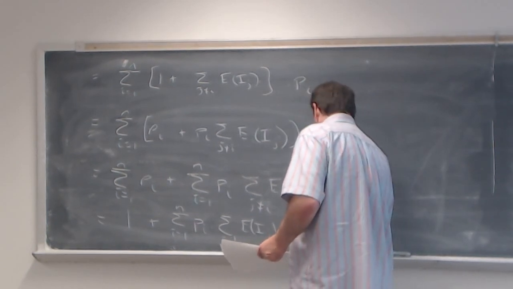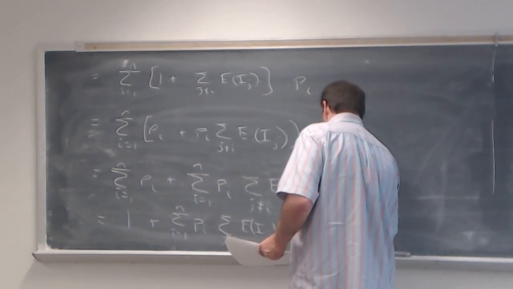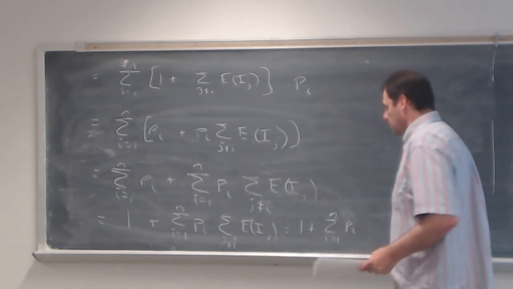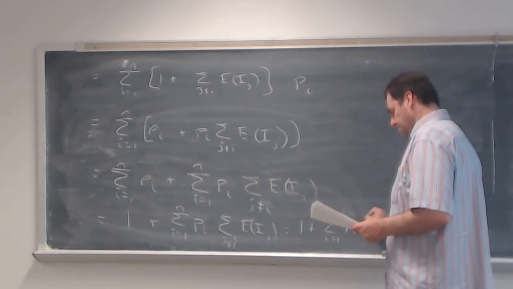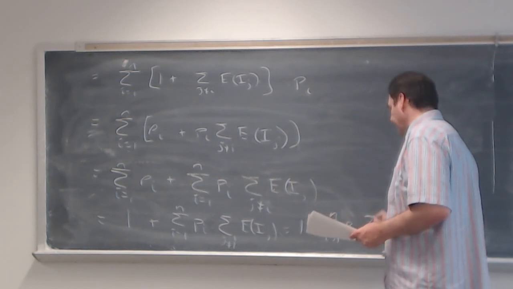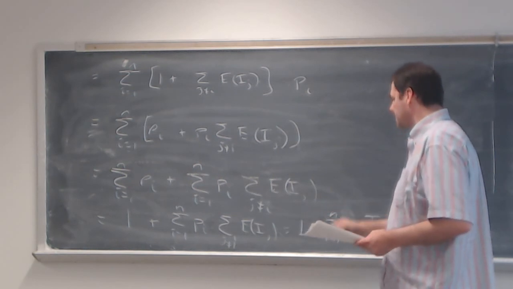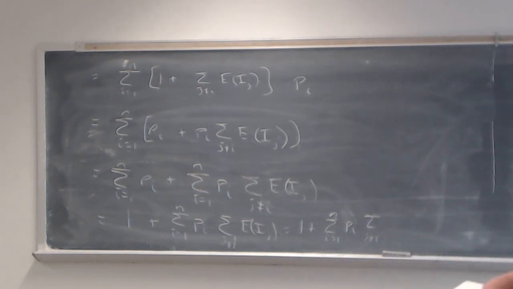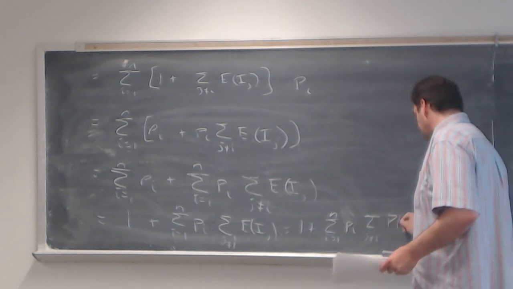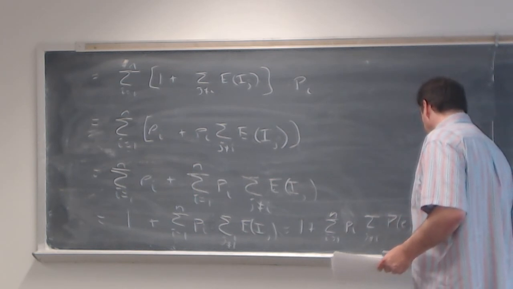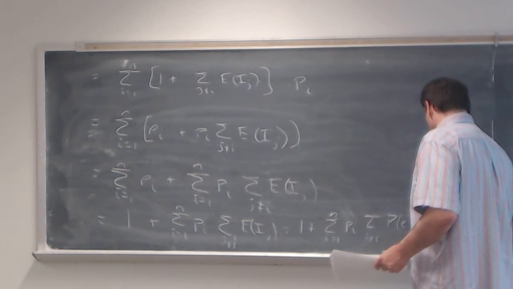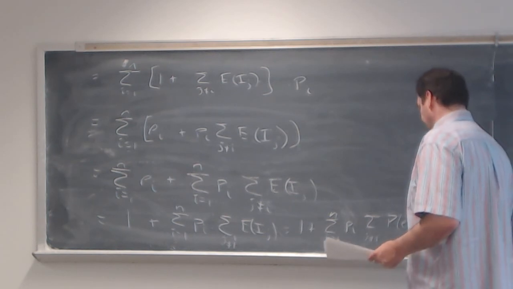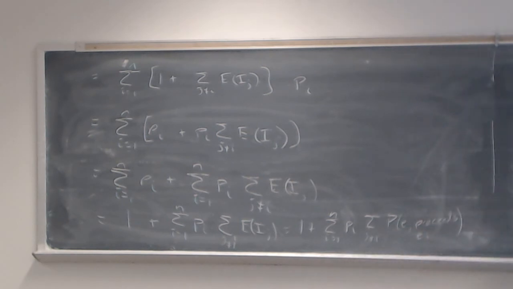So it's 1 plus the sum over I running from 1 to n of P sub I. Now, here, this is the sum over j being different than I, and the expected value of I sub j, remember, it is a discrete random variable, and really it's nothing more, we've shown this earlier, it's the probability that E sub j precedes E sub I, that's what that is. And that's something we can calculate, these probabilities.